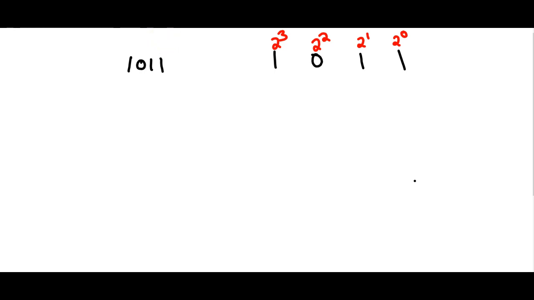And then down below, we can say, okay, this is 1 times 2 to the 0, or 1 times 1, plus 1 times 2 to the first, plus 0 times 2 to the second, or 4, plus 1 times 2 cubed, which is 8.